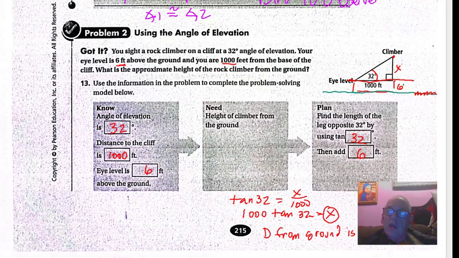And same thing with cosine. Cosine deals with adjacent over hypotenuse, but we don't know what the hypotenuse is. So what we do have, though, is opposite and adjacent, which goes with tangent. So that's why we have to use tangent for this one.